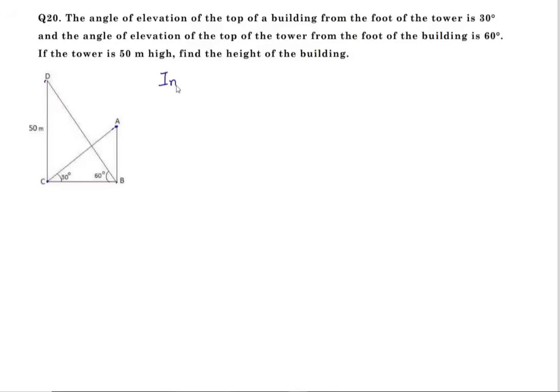First write down the right angle triangles here, that is ABC, in right angle triangle ABC, and the one more right angle triangle we have, in right angle triangle DCB. There are two right angle triangles in this figure, ABC and DCB.